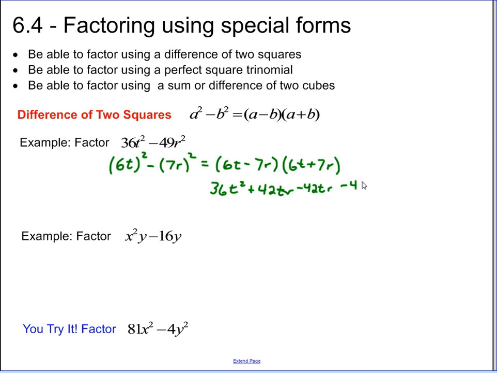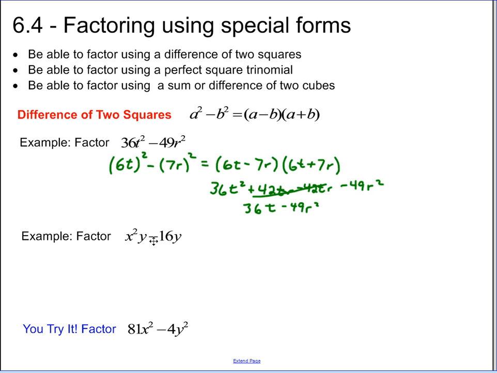And you'll notice that the reason this always comes out the way we said it would is because we always have these two middle terms that cancel out by addition. They are additive inverses of one another, and so we end up with 36t squared minus 49r squared as our result.